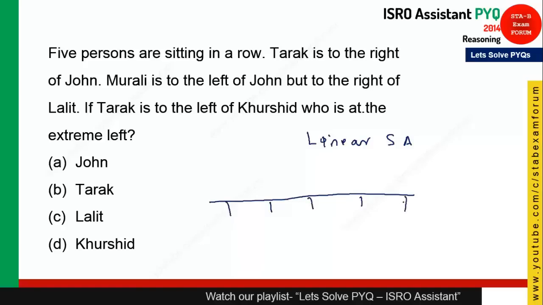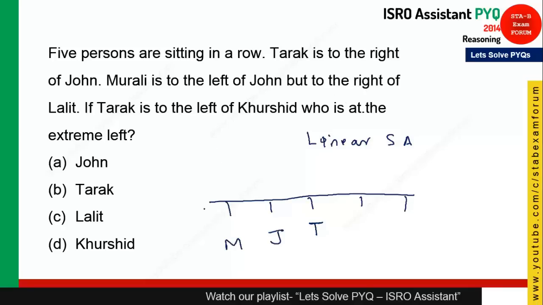Tarak is right of John. So let's make this Tarak. Murli is to the left of John, but to the right of Lalit.